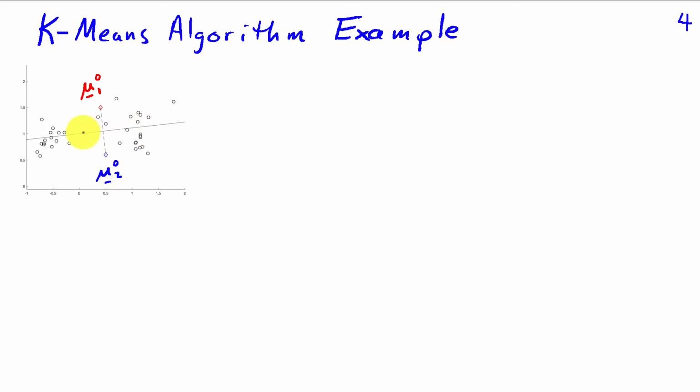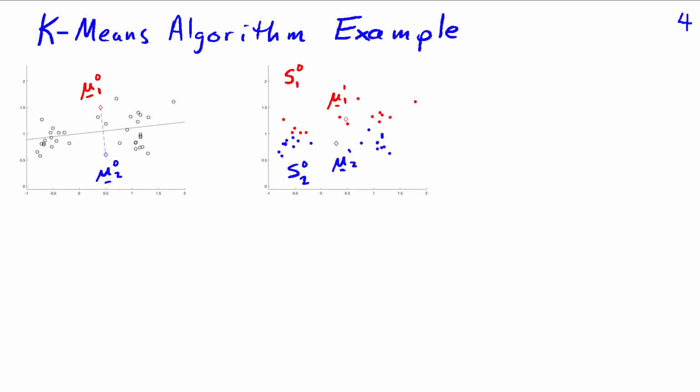All of the data points below this line we're going to assign to cluster 2, and all the data points above this line are going to be assigned to cluster 1. So we'll make that assignment, and I'll code these data points with blue circles if they've been assigned to cluster 2 and red circles if they've been assigned to cluster 1.